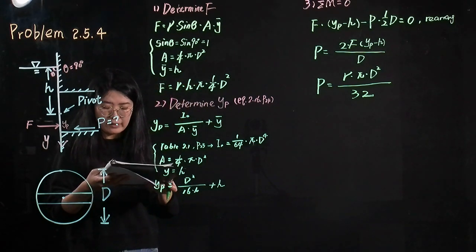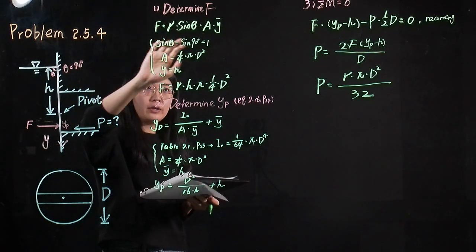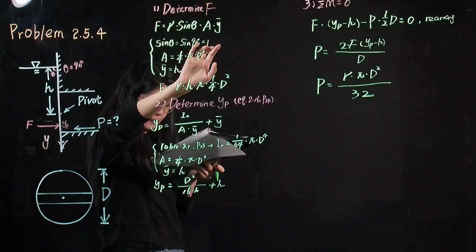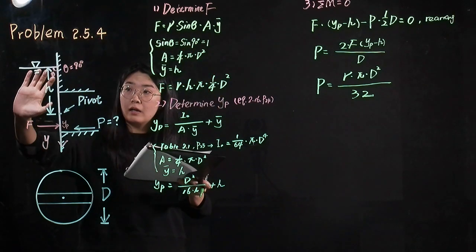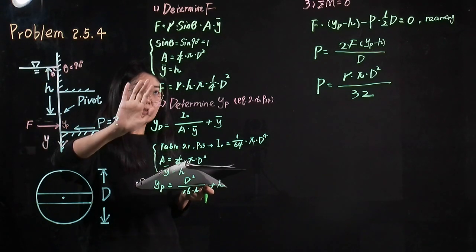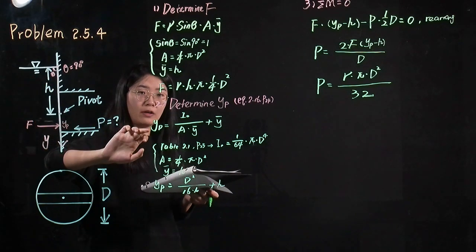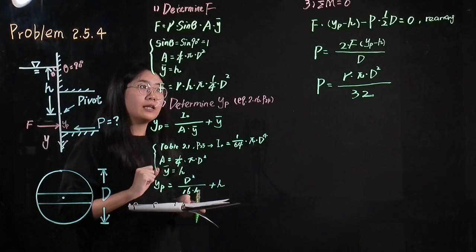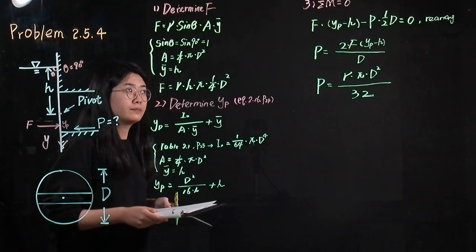It should be noted that when we calculate the magnitude of F, we use the y bar, the distance to the coordinate of the centroid, but y bar is not the location of the force. The location of the force is yp. So we need to differentiate these two terms.